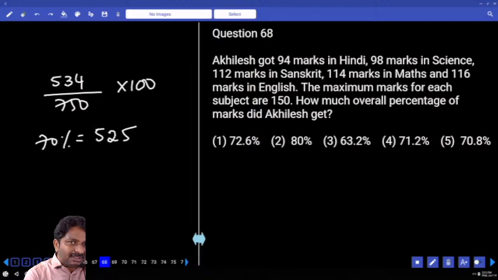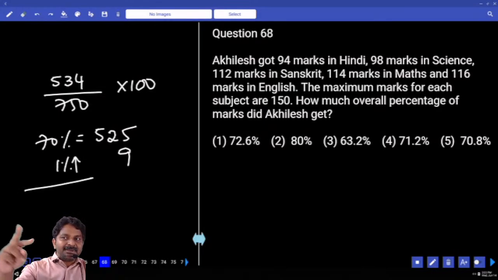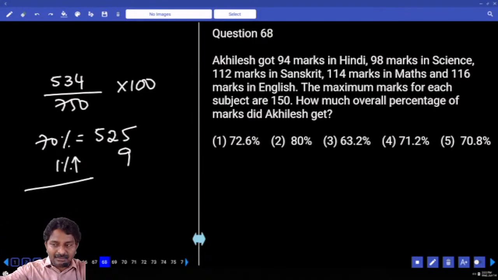Our numerator is more than this. How much more? 9 more. What is 1% of the denominator? And we need to add a number which is a little bit more than that. That means this will be 1% and a little bit more than that. Answer will be 71 point something. Go to options. Over.